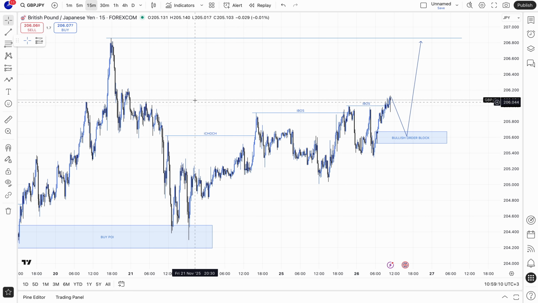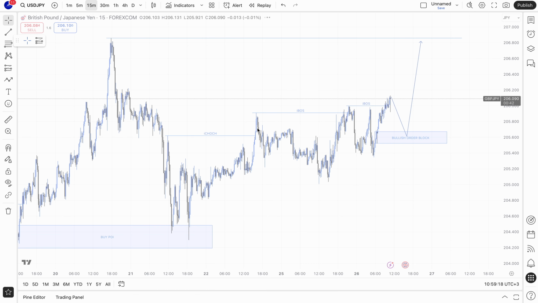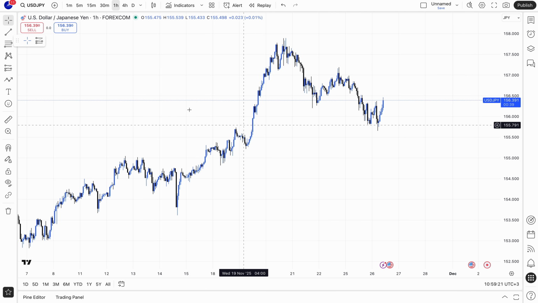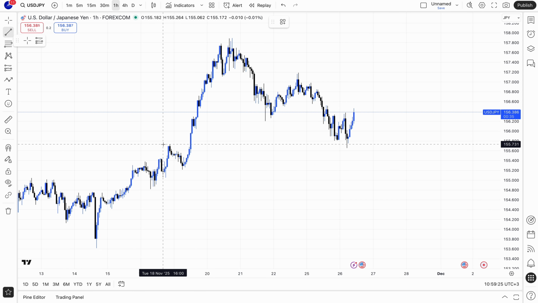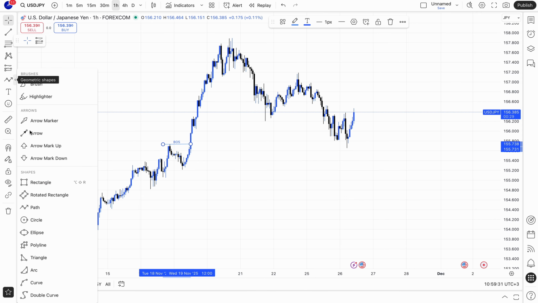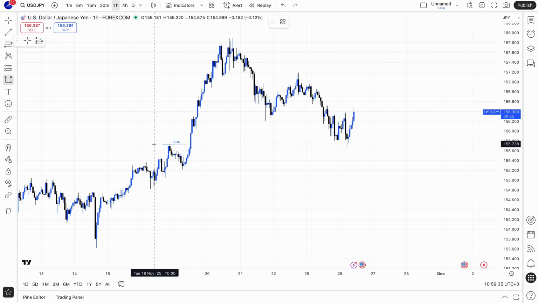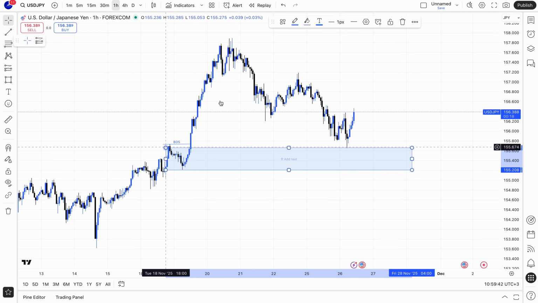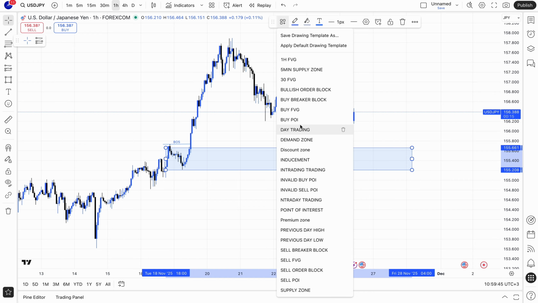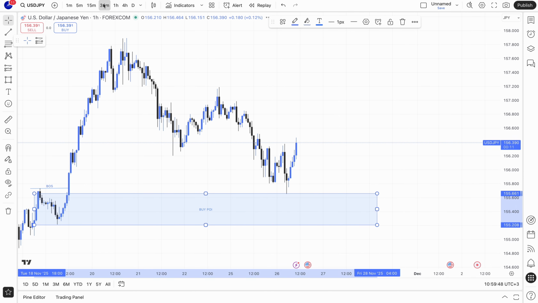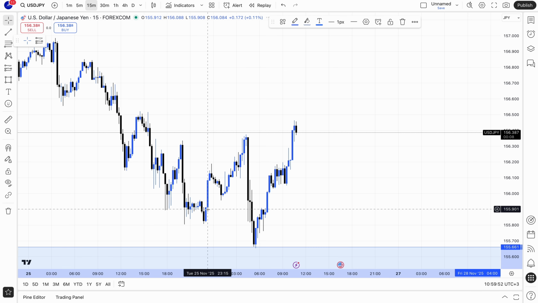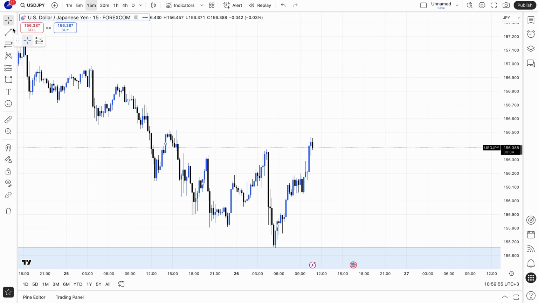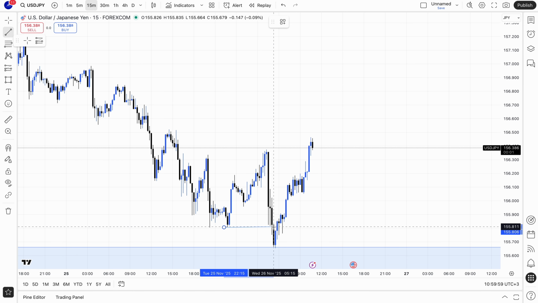And then for UG, we have our break of structure to the downside.